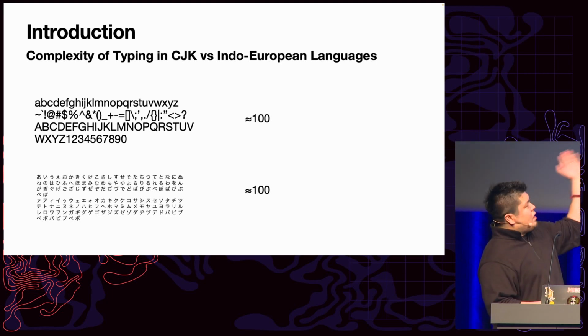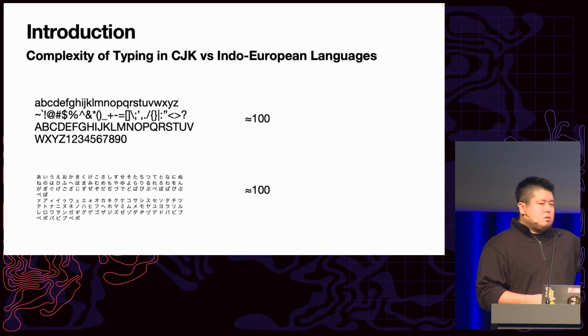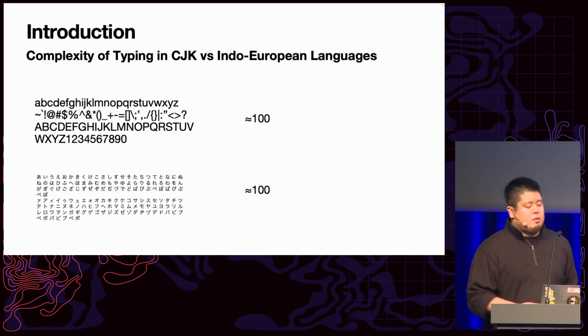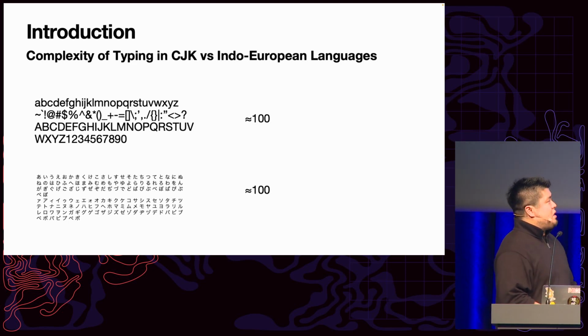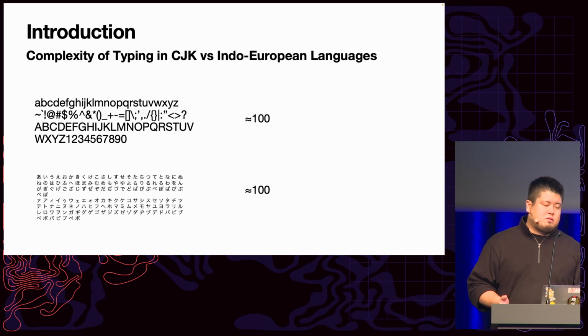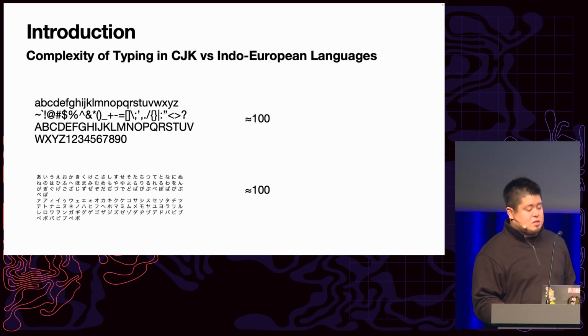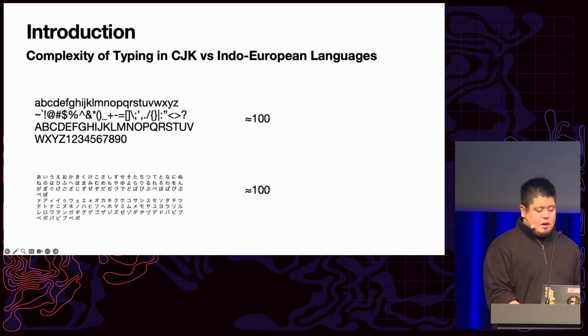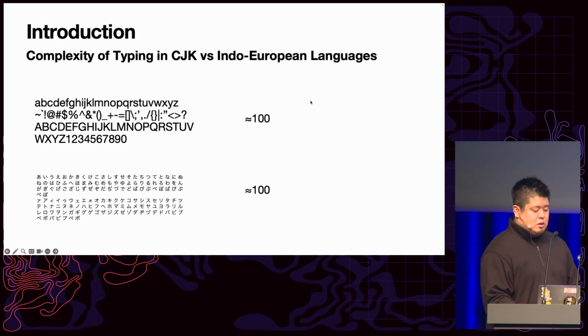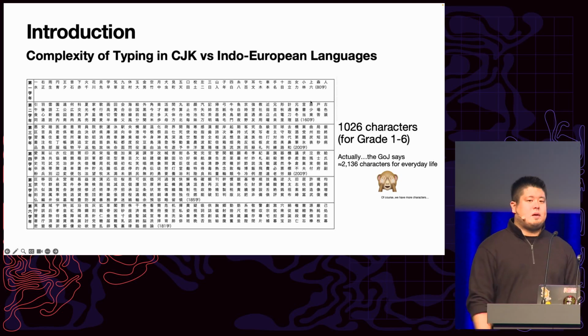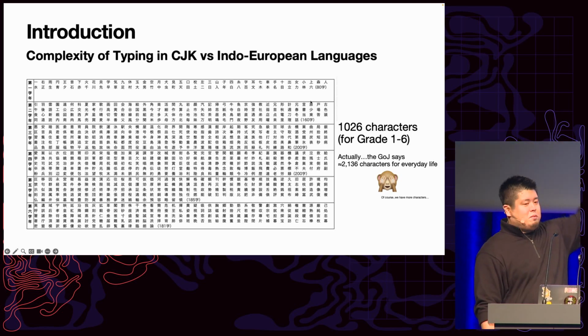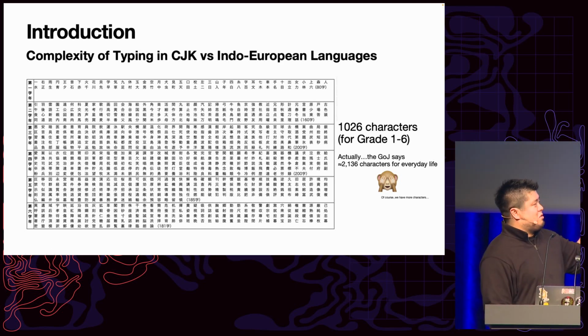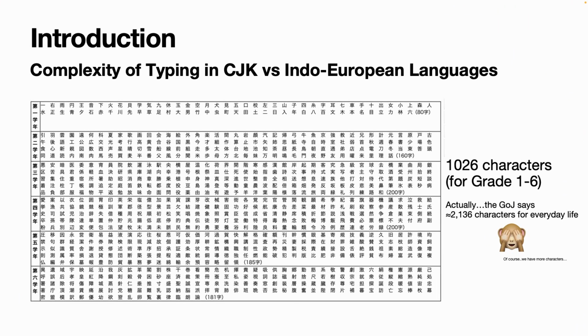But what complicates things in Japanese and all the other Asian languages, for example Chinese, Japanese, and Korean, is that you have all the other sets of characters, for example, this many. How do you type those onto computers with only a 24 or 25 letter keyboard?